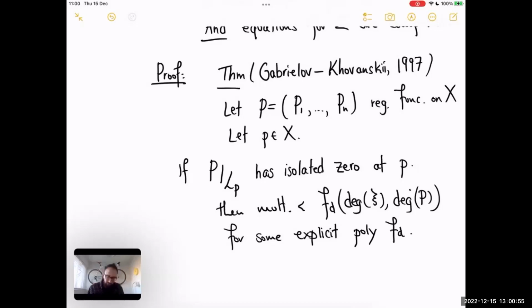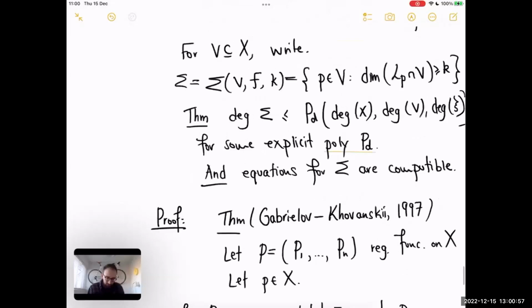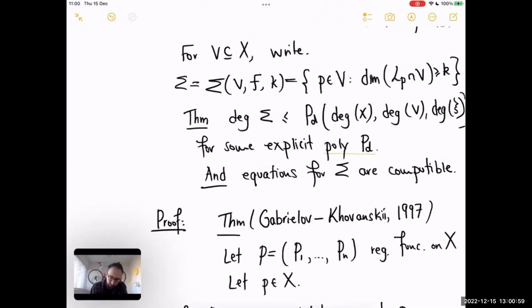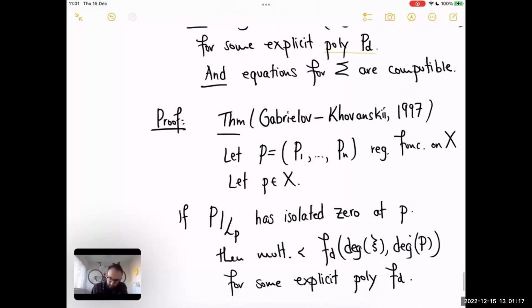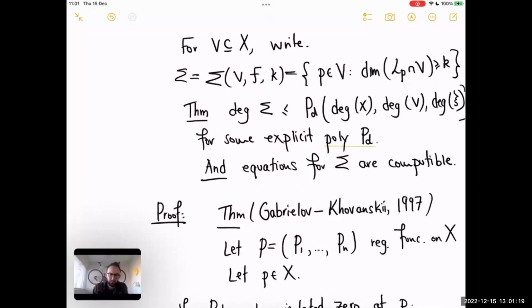So then once you have that, the idea is essentially that, to study these points, it suffices to look at points after some reduction where this intersection has positive dimension. But by the Gabrielov-Khovansky bound, that's the same thing as saying that its multiplicity is larger than some computable bound.